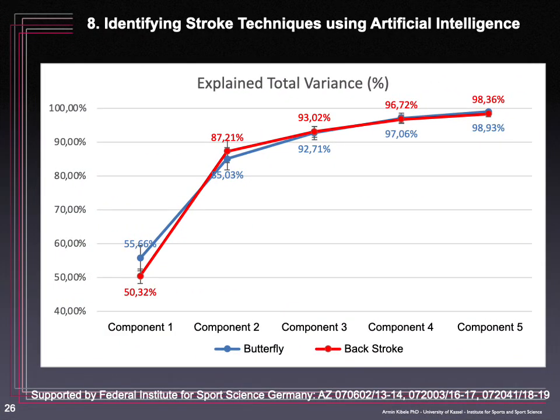In this slide, the 5 components for the butterfly stroke style in blue and the backstroke style in red are displayed. When all 5 components were added together, over 98% of the total variance in the poses could be explained. As swimming is a continuous motor skill, the temporal behavior of the 5 components can be modeled using simple sinusoidal functions.